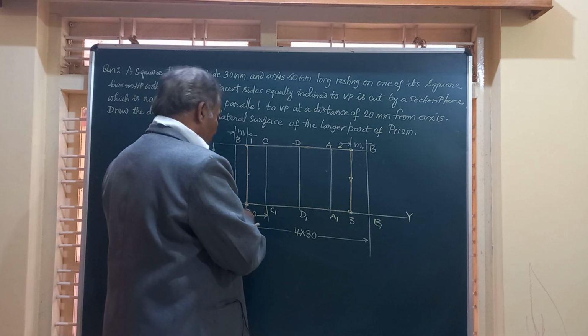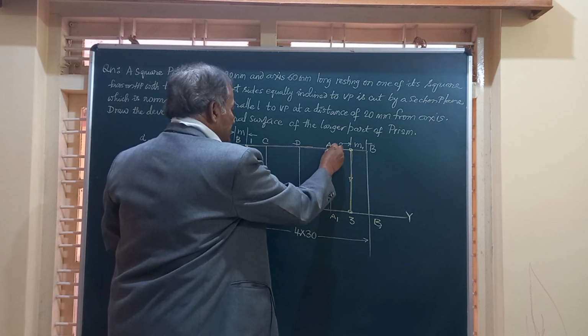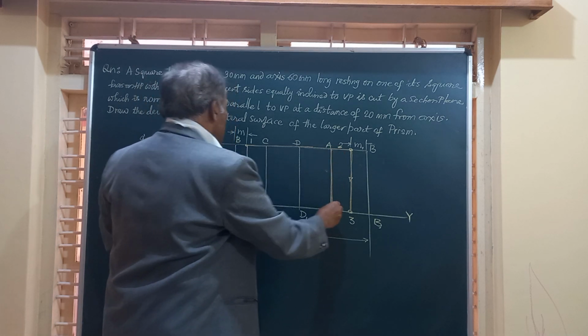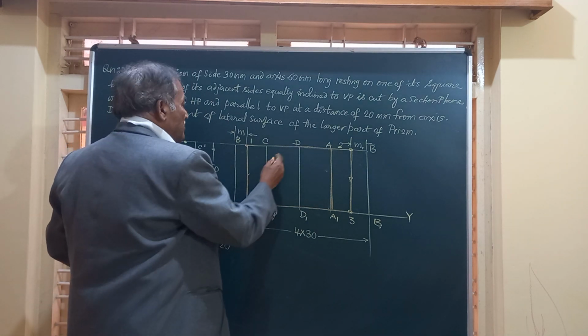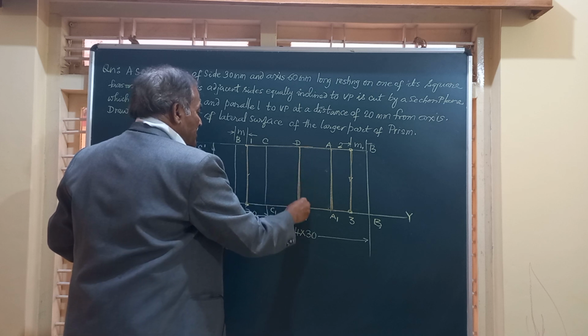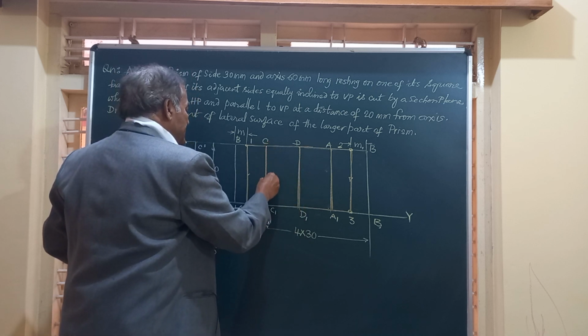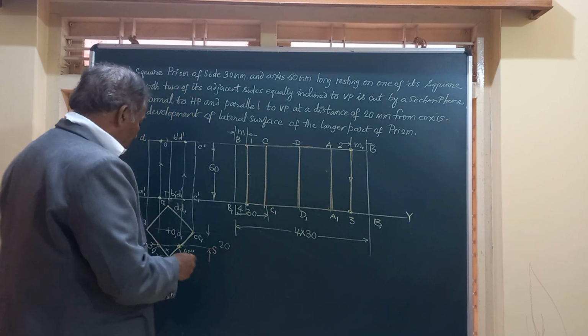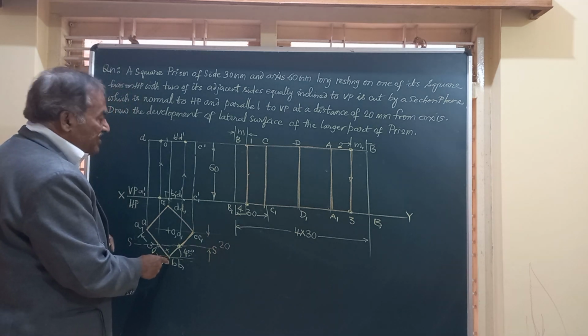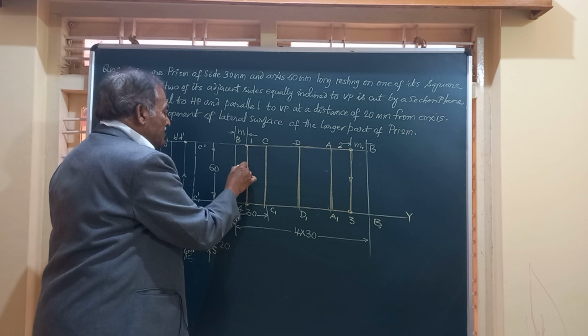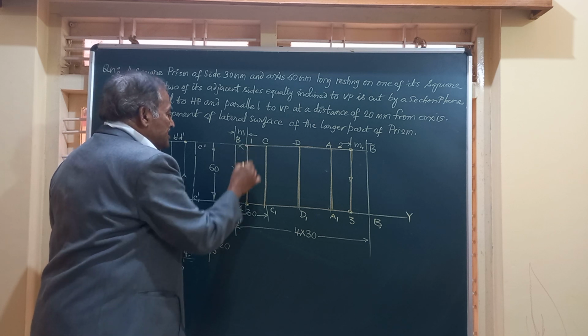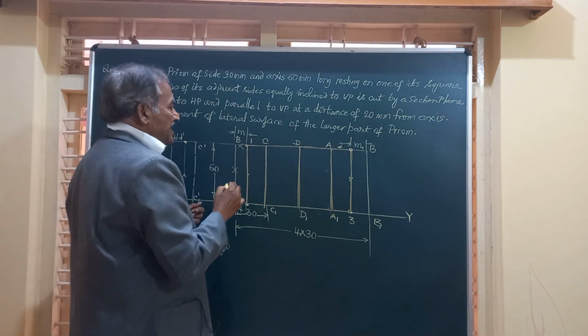So let me mark them here. AA1 is retained, DD1 is retained, and CC1 is also retained. And what happens? This vertical edge BB is removed. So when BB is removed, you don't get it in the development, and you don't get these two connecting lines also.